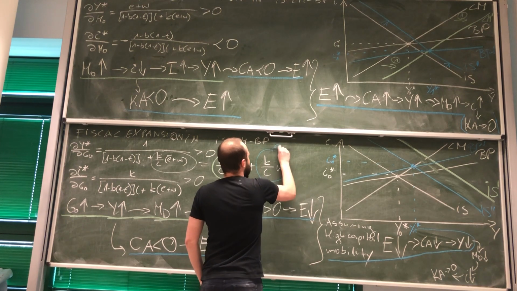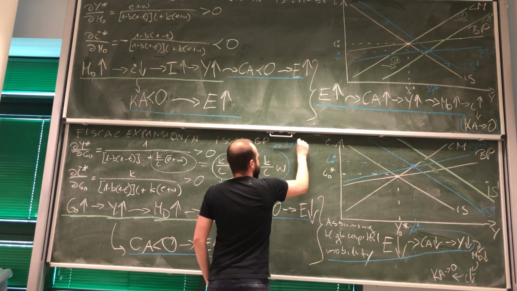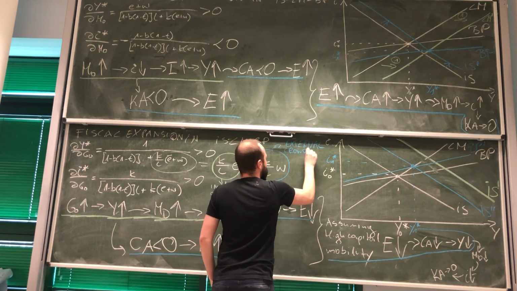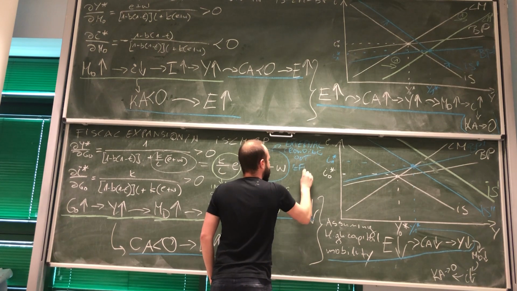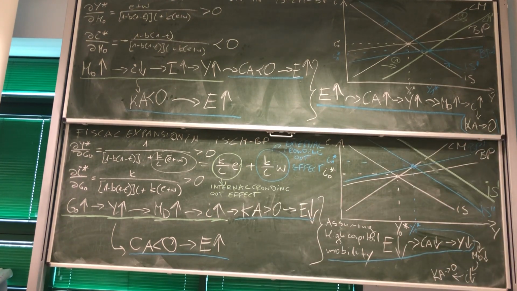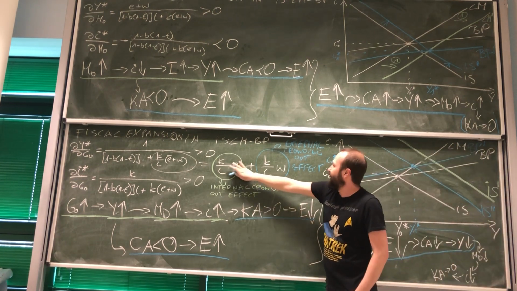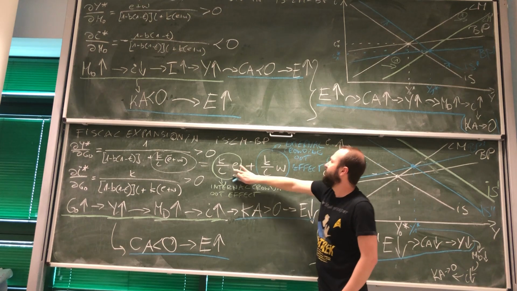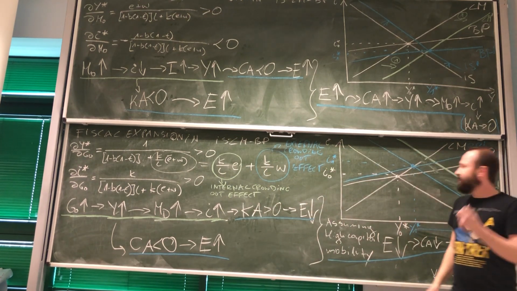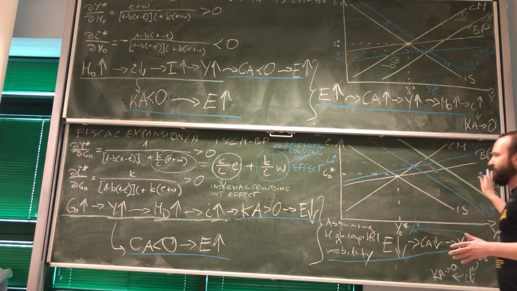This is external crowding out effect. What is this effect associated with? Look, this one, KL, this is simply, KL is nothing more than the slope of LM, right?